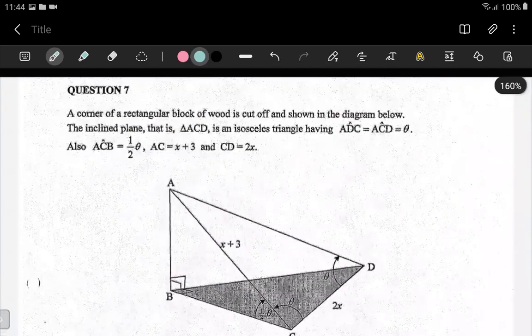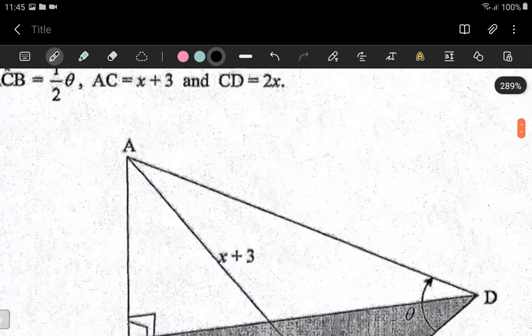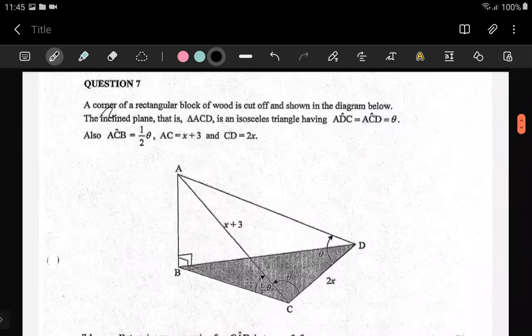The description says a corner of a rectangular block of wood is cut off and is shown in the diagram below. The inclined plane, that is ACD. They're talking about the inclined plane, meaning that it's not on the ground, it's slanted. So you have A, C, D.